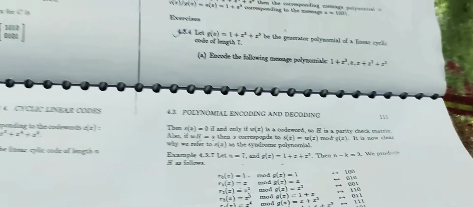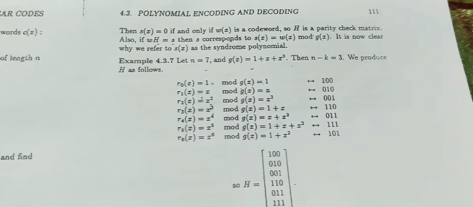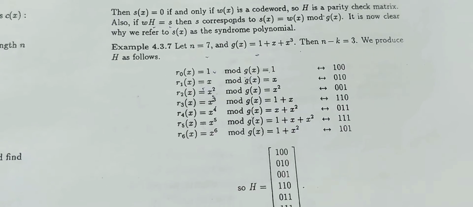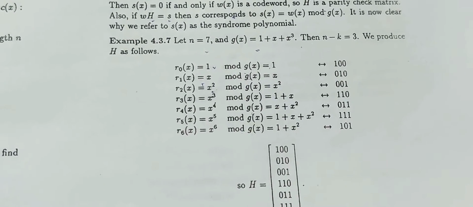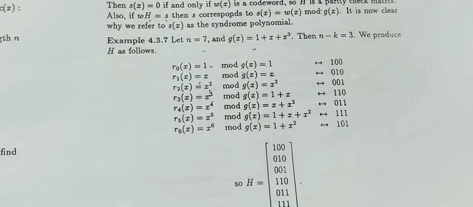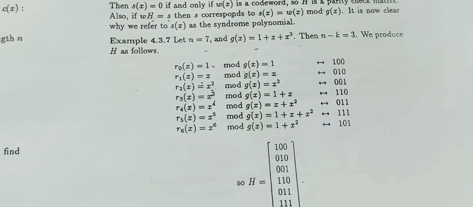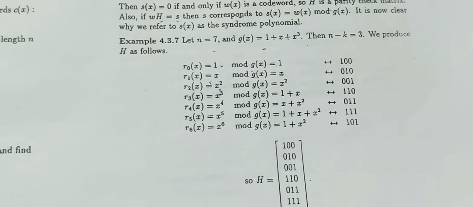And this is an example also. So here n is equal to 7 and g of x is equal to 1 plus x cube. Then n minus k is equal to 3 and k is equal to 4. Okay. So we find R naught of x. What is R i of x?